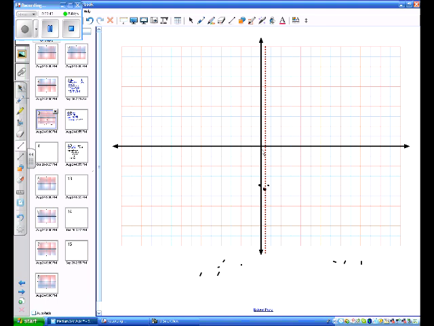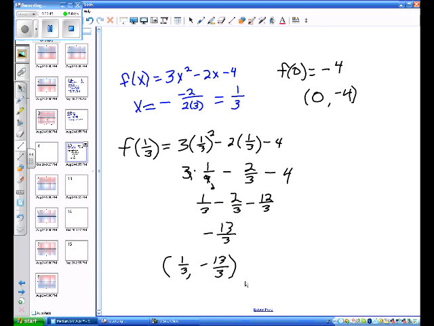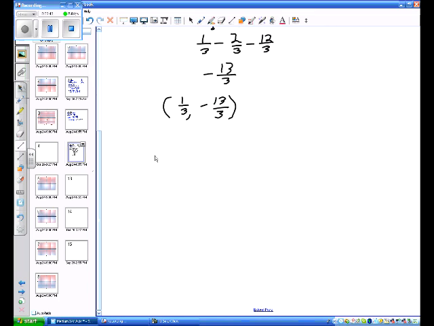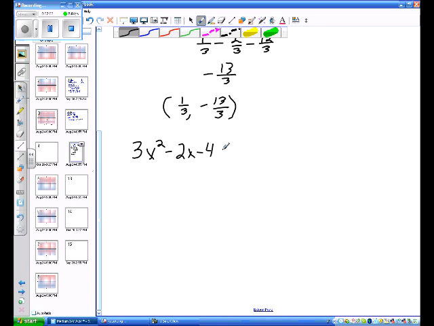Now, if we can get the x-intercepts, to do that, we take our function and we set it equal to 0. So our function was 3x squared minus 2x minus 4 equals 0.